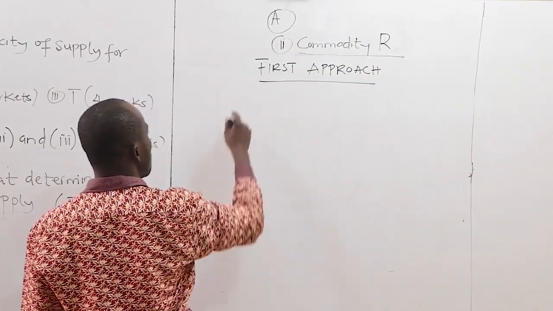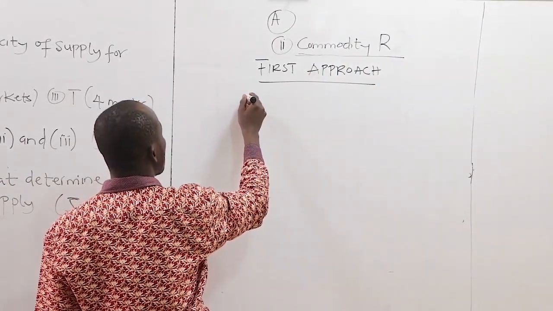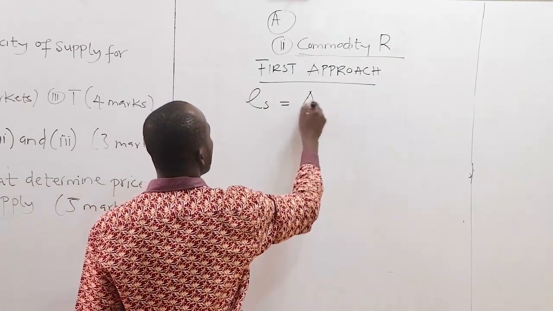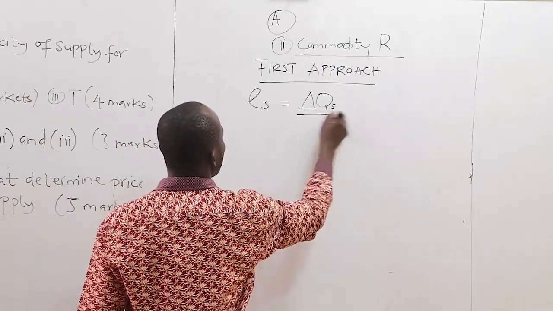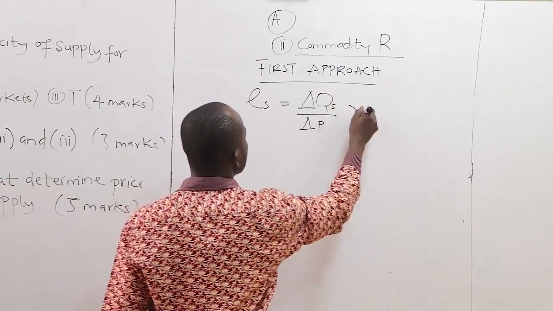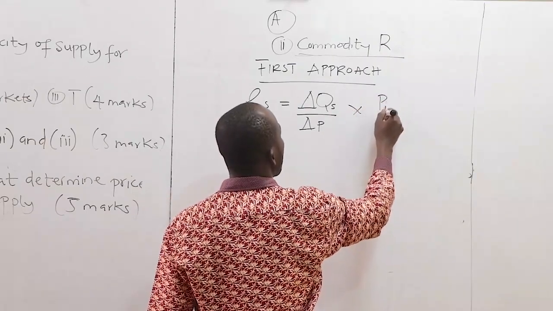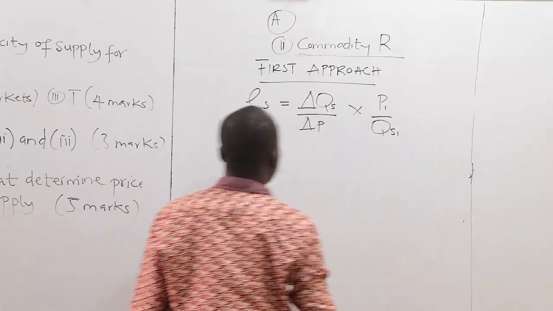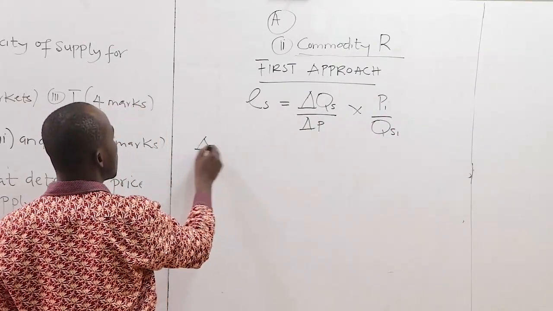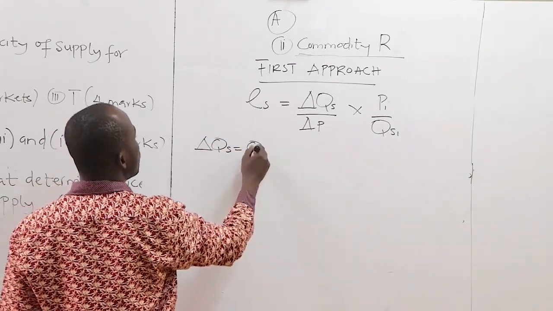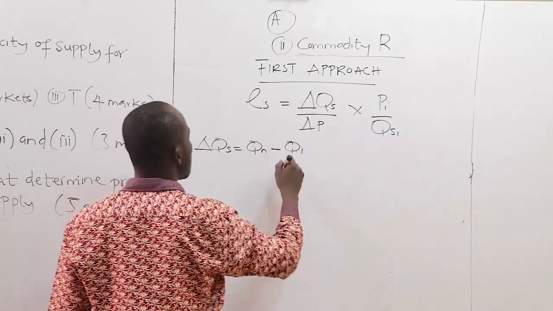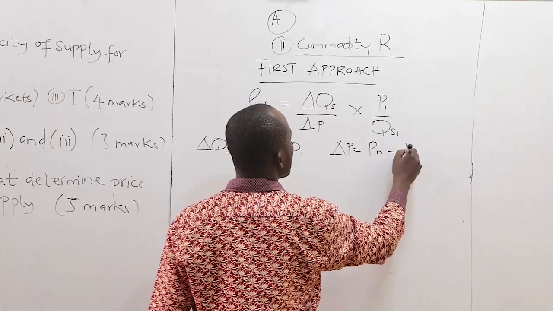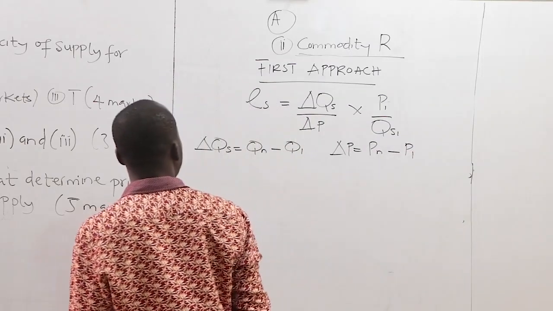We know that the price elasticity of supply is equal to change in quantity supply divided by change in price, times the initial price divided by the initial quantity supply. What's the change in quantity supply? It is the new minus the initial. What's the change in price? New price minus initial.